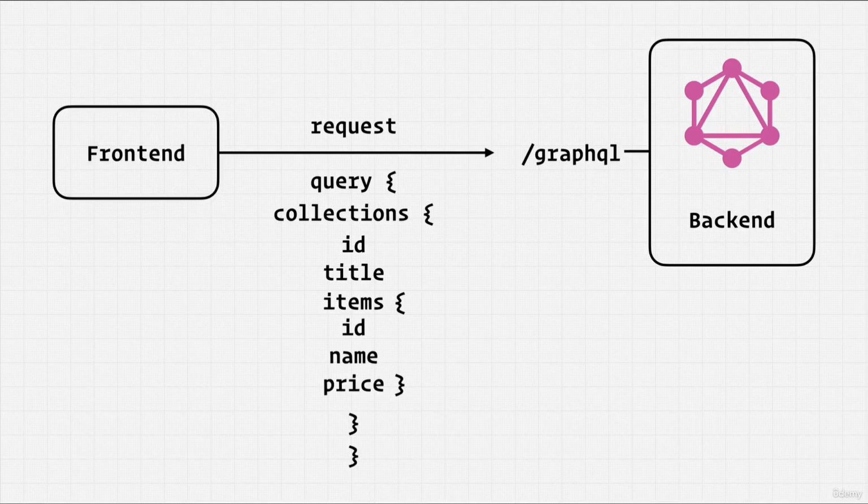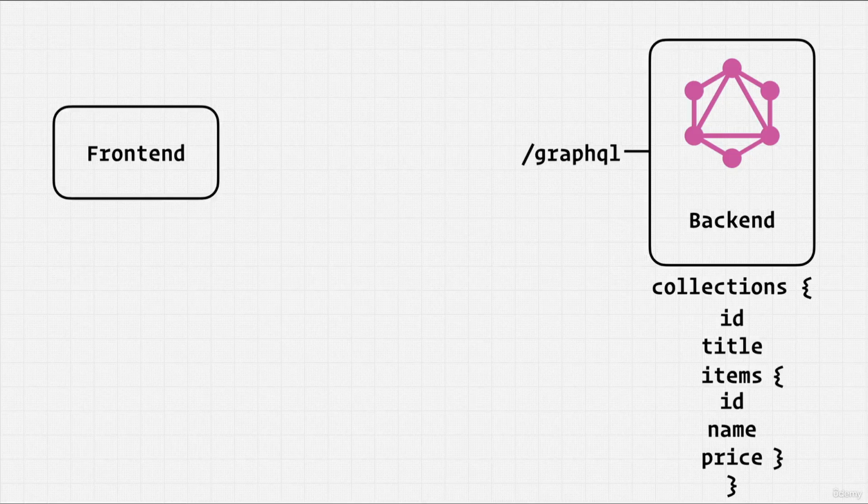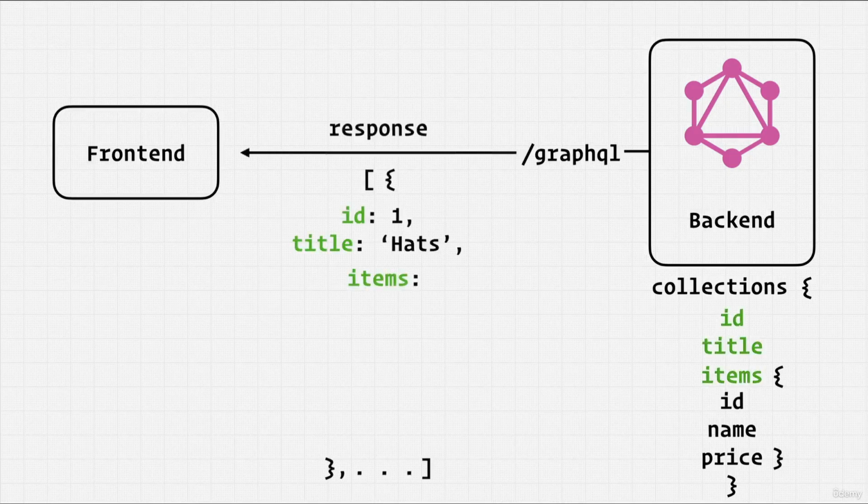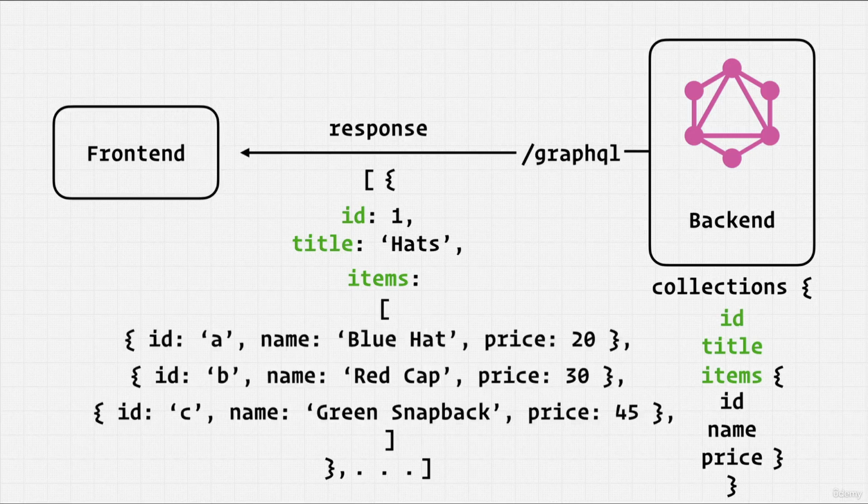Let's say we want the ID, we want the name, and the price for each of these items. Once again, GraphQL will take that query blob and it will send back where all the collections will have ID, title, and items. But items will come back as an array where the inside values of each item will match the corresponding keys that we passed into the items portion. So we ask for ID, name, and price. We're going to get back ID, name, and price.